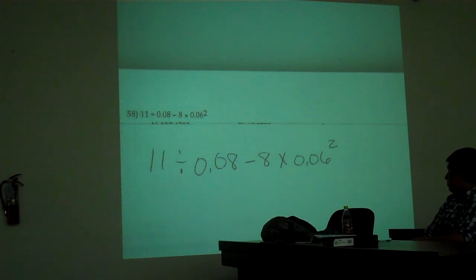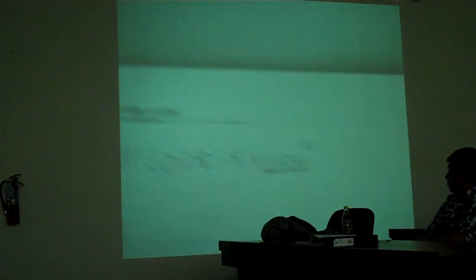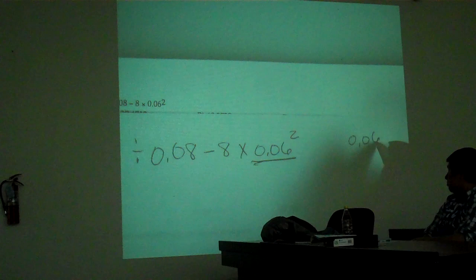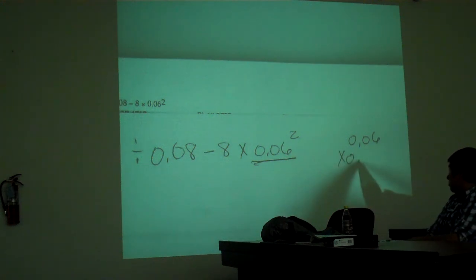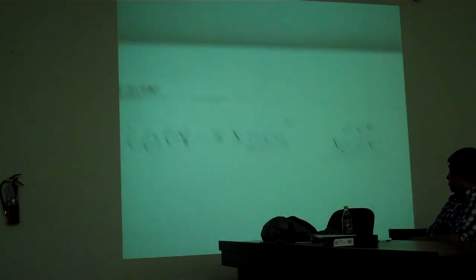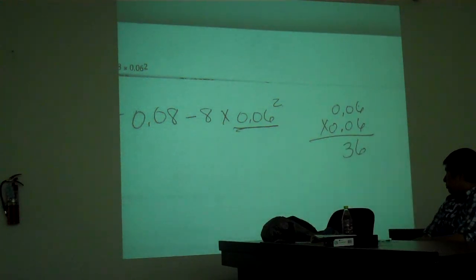Order of operations tells you to do parentheses. There's not any. Then exponents. So let's do that part first. 0.06, it's not times 2. Squared means times itself. So times 0.06. 6 times 6 is 36.